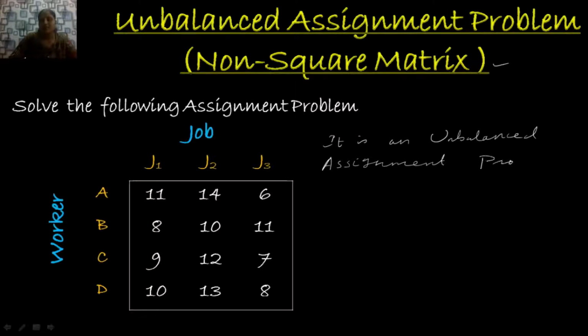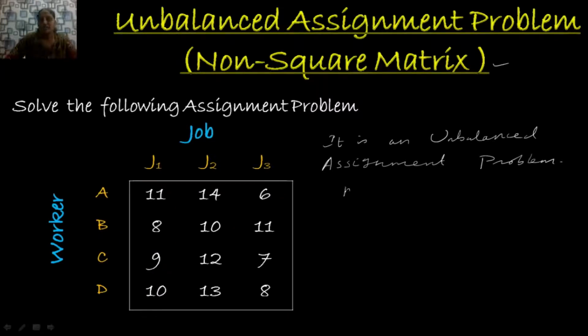If it is an unbalanced assignment problem, then first we have to convert this into a balanced one. Then we have to proceed using Hungarian method to find the optimum assignment schedule. For that, we introduce a dummy column because it has 4 rows.